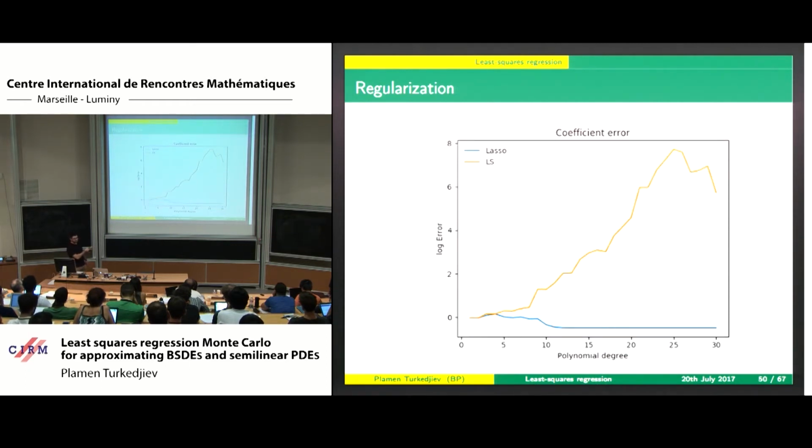And because I could compute explicitly what the true coefficients were for the real solution, you can see why this is happening. Basically, when I penalized, my coefficients actually converged to the true coefficients. Whereas when I didn't penalize, they fitted themselves to the data however they wanted.